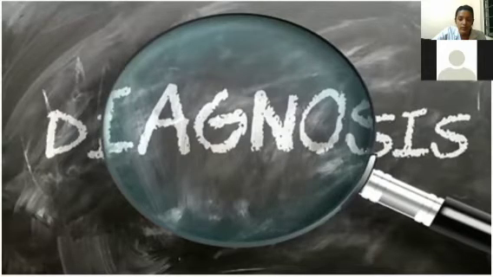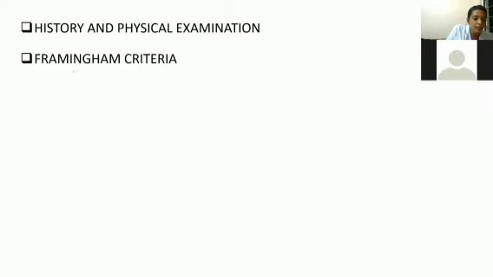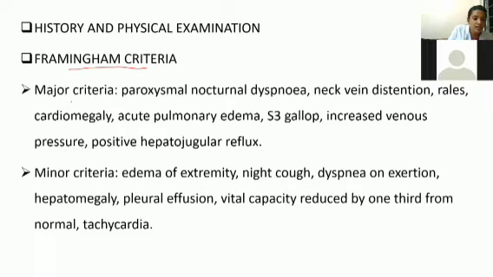Okay, so in this also there are important points. History and physical examination, this is common for everything. And next one, Framingham criteria. For assessing or for diagnosing the severity or for diagnosing the heart failure, we will use Framingham criteria. So there are major criteria as well as minor criteria.